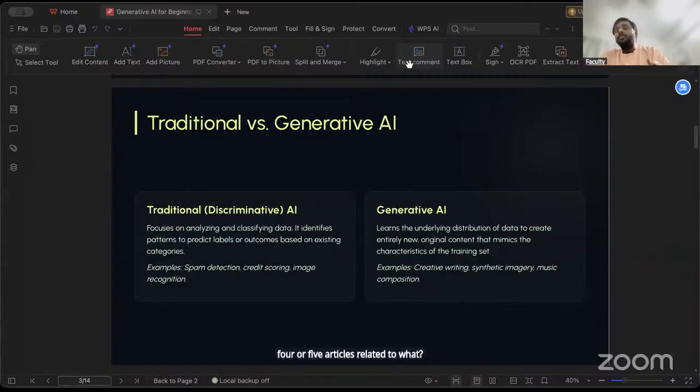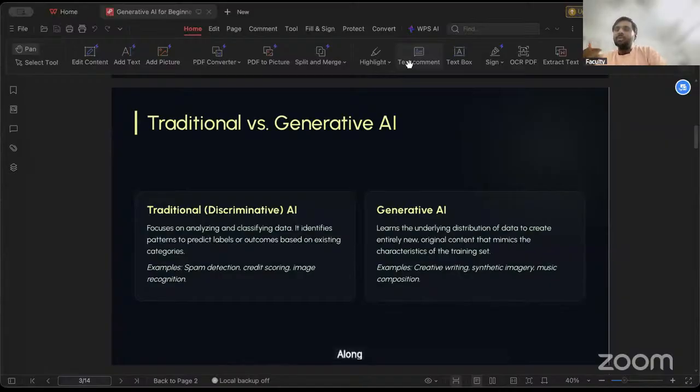Now, if you wanted to write a blog based upon this, what will your Gen AI do? It will try to consider all five articles. It will try to use its generator to generate the blog based upon the content which is available.